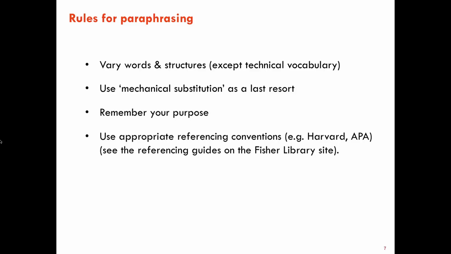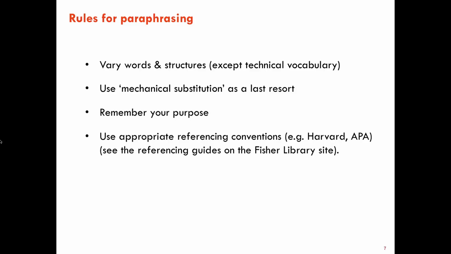Next, acknowledge the source of your paraphrase or summary by using the correct referencing convention. Even though you're using your own words, you still have to acknowledge, through referencing, where the idea came from. You should check to see whether the referencing system you use requires page numbers for paraphrased information.